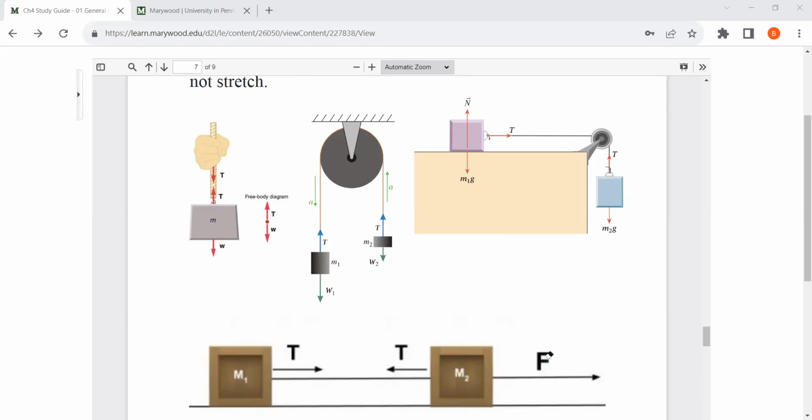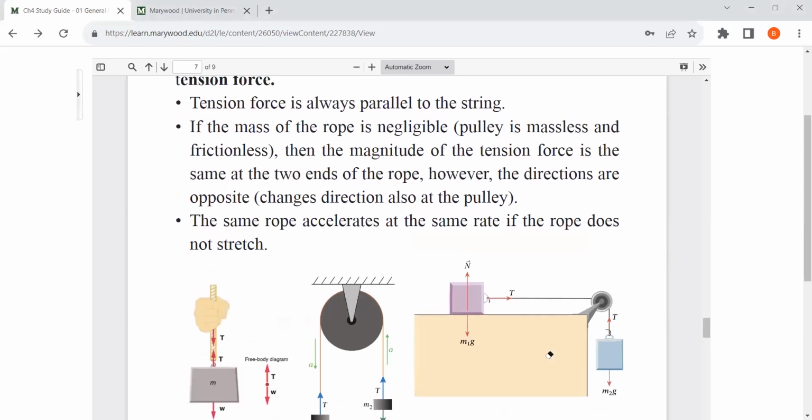So this is the second rule. The third rule tells us that, let me read this and then explain it. If the mass of the rope is negligible, and if the pulley is massless and frictionless, normally in this chapter the pulley and the rope are assumed to have negligible mass, and the pulley is assumed to be frictionless.